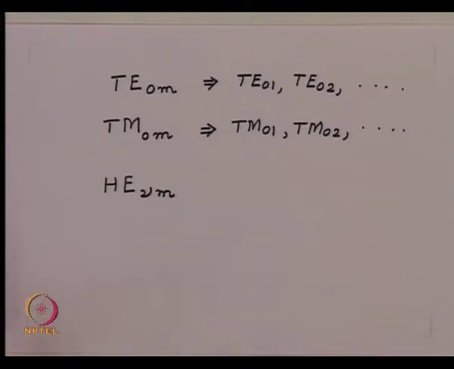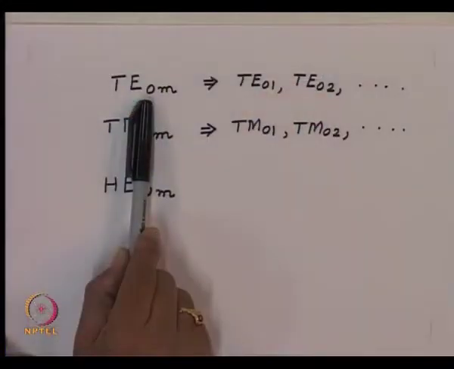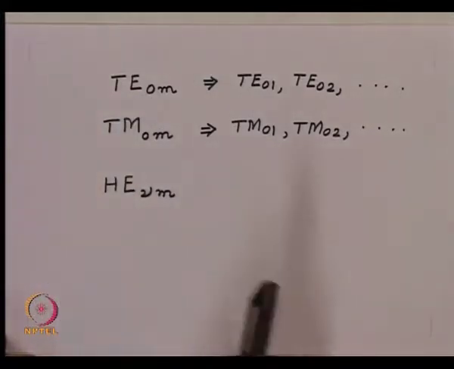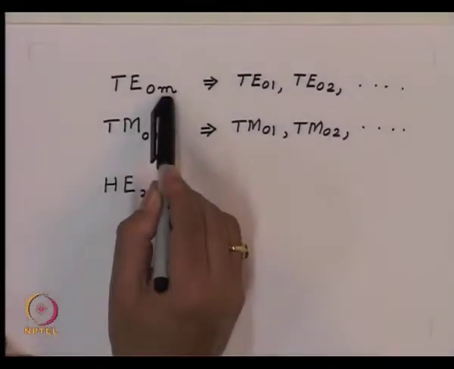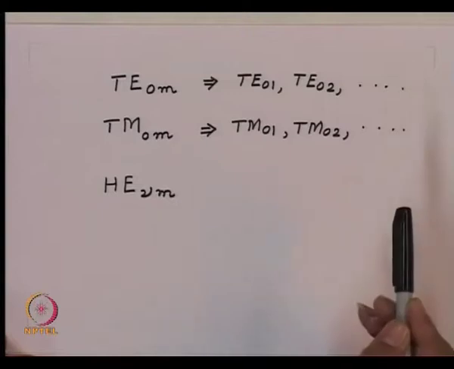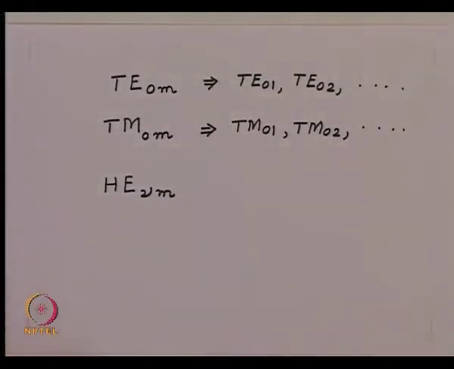So, now inside the optical fiber we have three sets of modes which are propagating. The transverse electric mode with the first index 0, and the first index here gives the number of cycles in the azimuthal direction, and the second index tells the solution number of the characteristic equation.